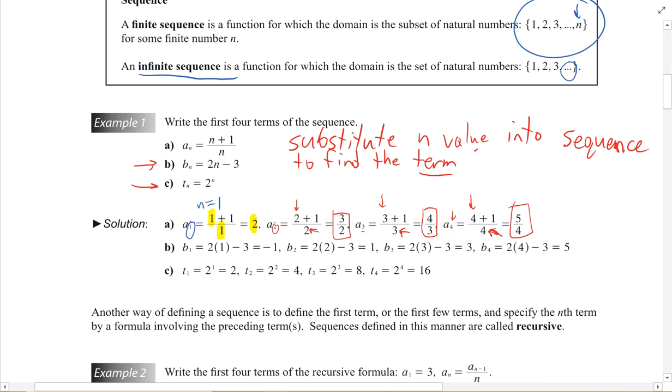And of course, you would simplify using BEDMAS. Okay, good.